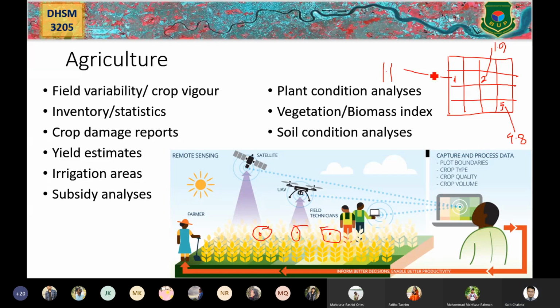So we have collected the results from the satellite data, and that's why we go to random points on the field and collect the actual data, because you cannot go to every point in this 100 acres of land and collect the data. That way, we would need maybe hundreds of field technicians.